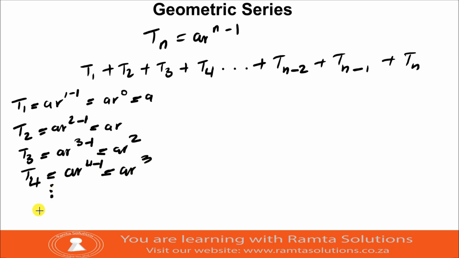Now, if we want to find T of n minus 2, where there's n, remember, I put n minus 2, so it would be AR to the n minus 3, right?